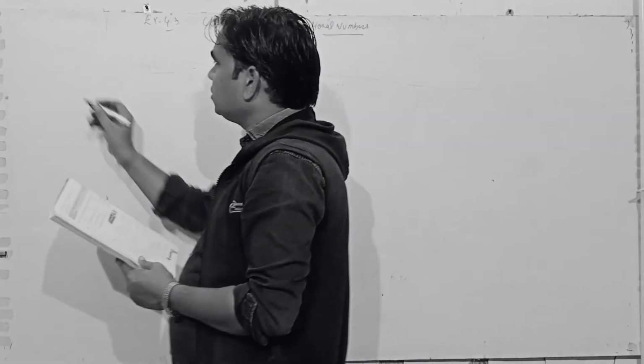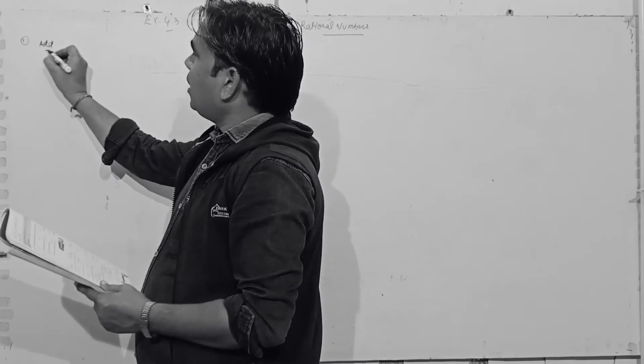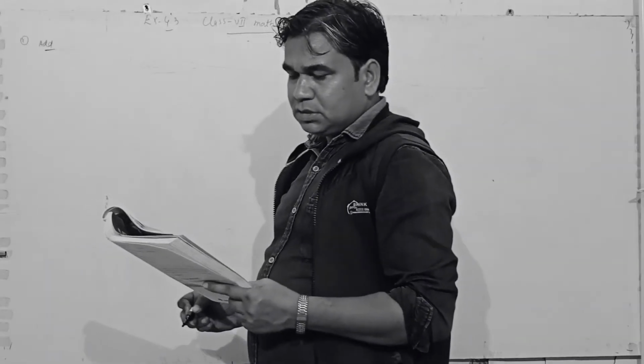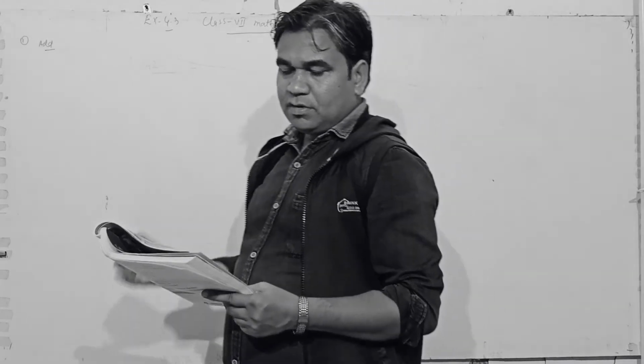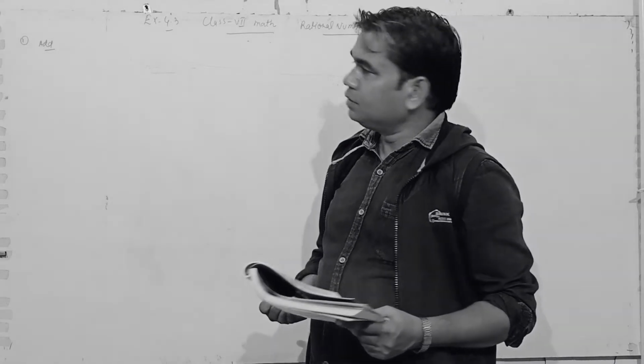In exercise 4.3, the first question is about addition of rational numbers. This has A part, B part, C part and D part in question number 1.